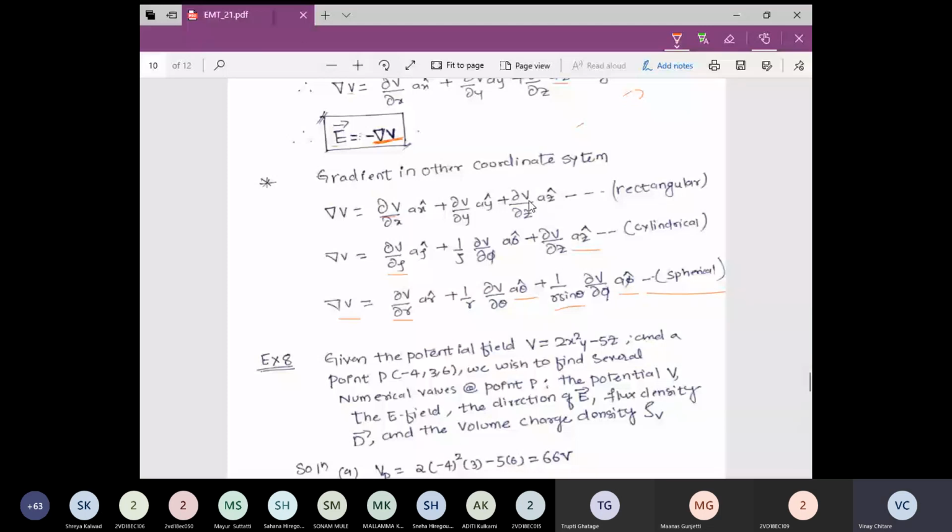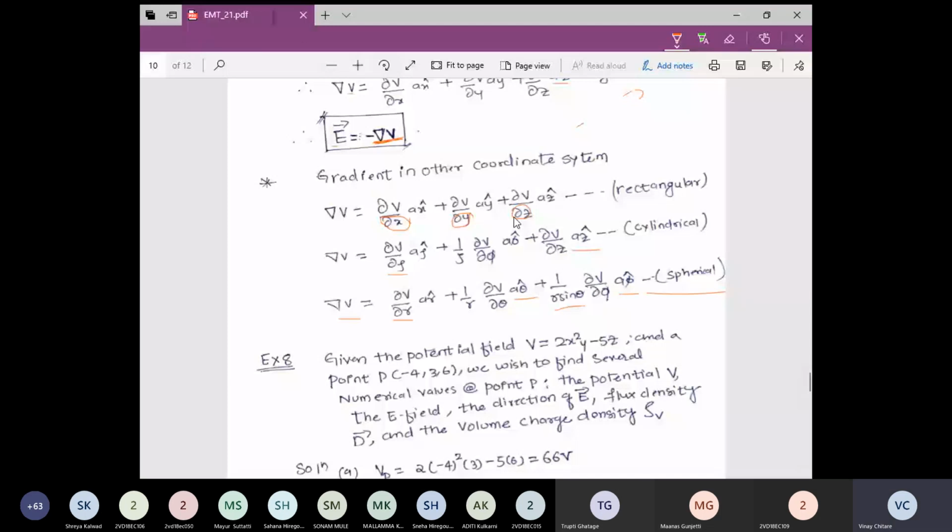These denominators which I'm trying to show here are nothing but the differential lengths in those particular coordinate systems. The differential length along x is dx, but you should write it as dou x. Along y it is dy, you write dou y. Along z it is dz, you write dou z.